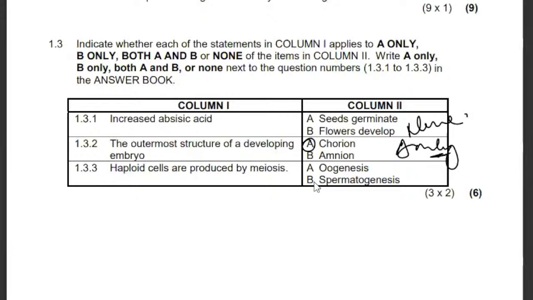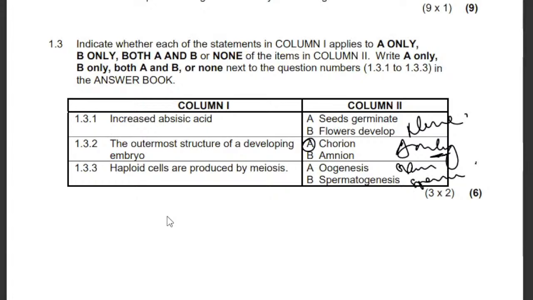Haploid cells are produced by meiosis. What does it mean? Here they're asking how you call those haploid cells. We expect to have the ovum, and the sperms or spermatozoa. But here they are saying the haploid cell.